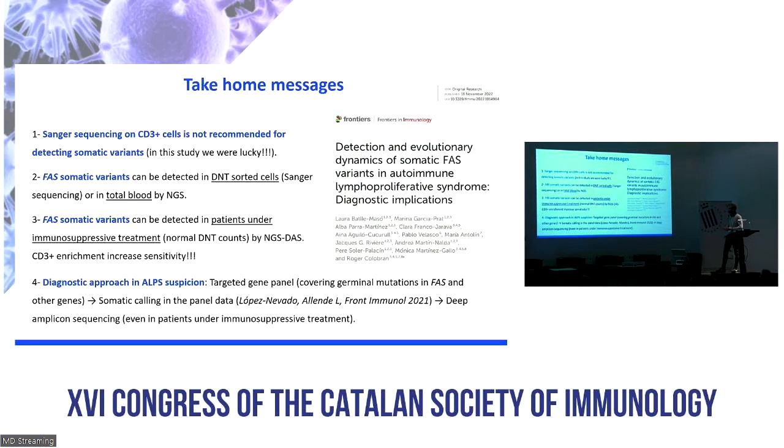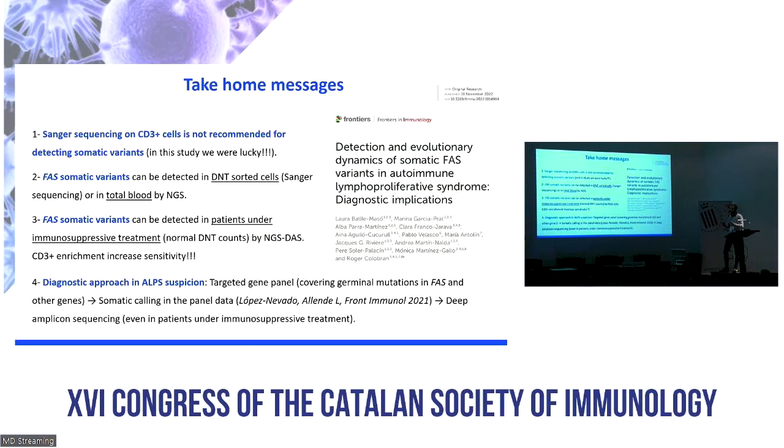We were lucky in this case. But you can do deep amplicon sequencing in total blood to detect these fast somatic variants. And what we propose, when you have a suspicion of ALPS, is that the workflow should be first to do a targeted gene panel covering germline mutations in FAS or other less frequent genes, which are the most common cause.